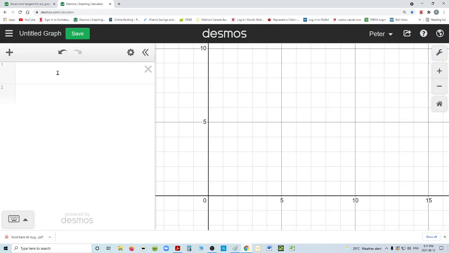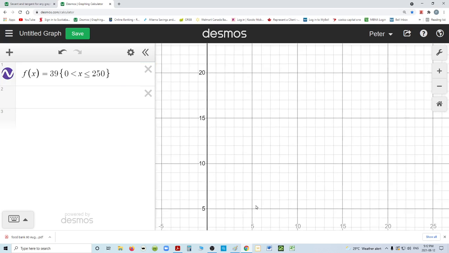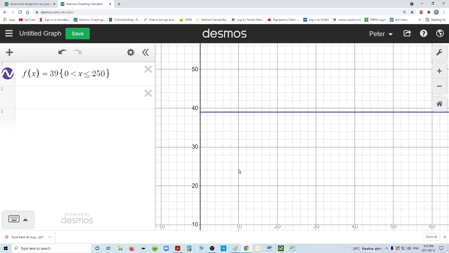And you can represent this as f of x is equal to 39 as long as the x values are smaller than or equal to 250. There it is up there.